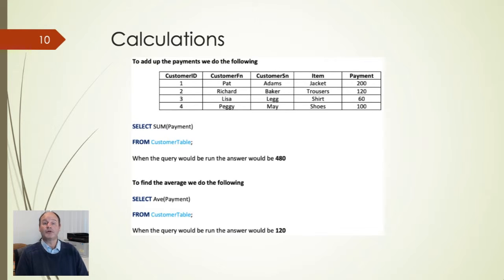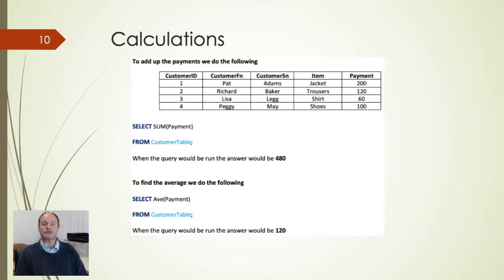On this slide we are looking at calculations, namely the sum and average function. In this table we can see some figures in the payment field. Using these functions we can find the results. So by using the sum function, it will add up the figures when the SQL code is run and the result will show 480.